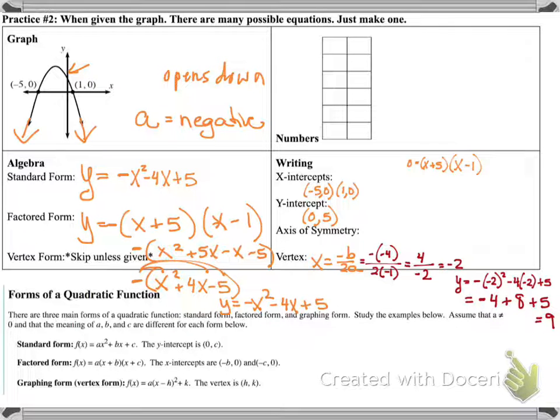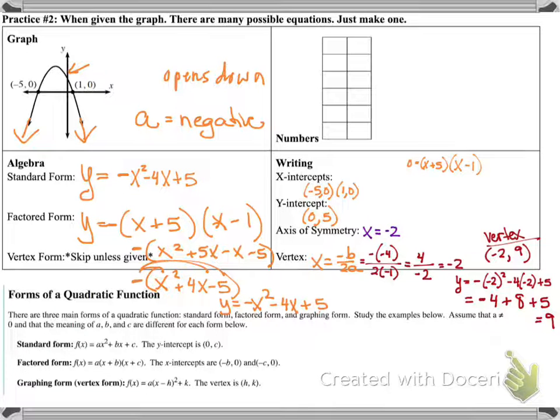There's my vertex. So my vertex, I'll write it over here, is (-2, 9). And my axis of symmetry is always that same x value again. And so that's x equals negative 2.